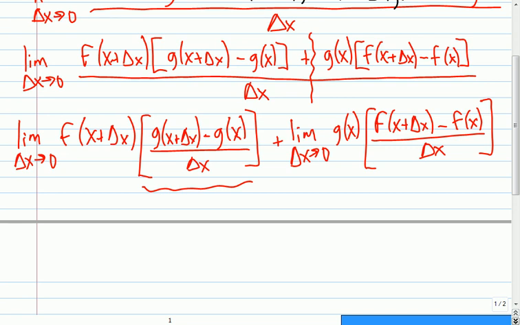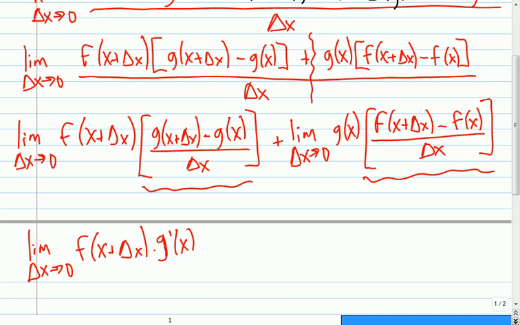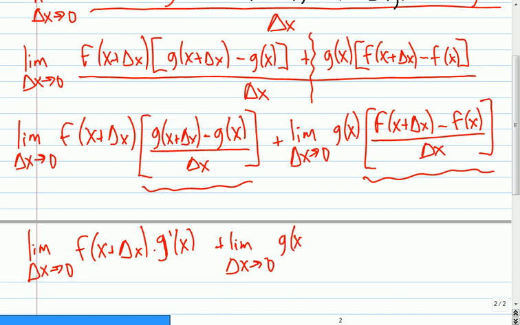Well, this is the derivative of g. So I could rewrite this as the limit as delta x goes to 0 of f of x plus delta x. And this is the derivative of g. Over here, this is the definition of derivative for f. So this is the limit as delta x goes to 0 of g of x times f prime of x.